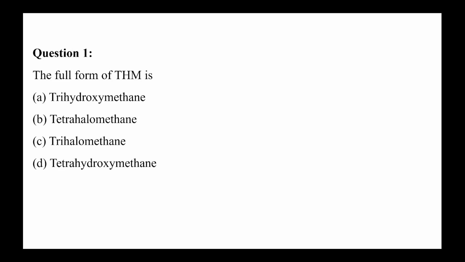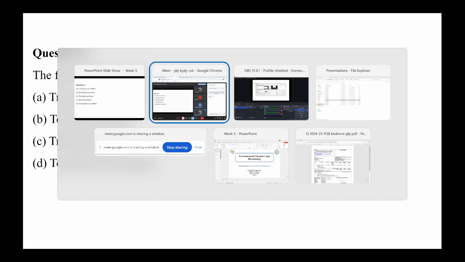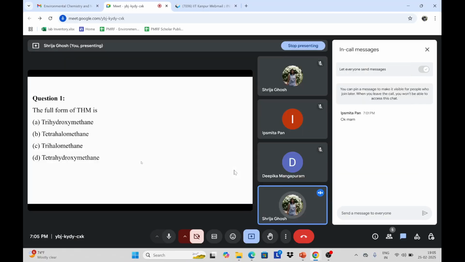If anyone knows the answer, please write it in the chat box. Even if you don't know, just try to guess it and write it in the chat box. What do you think THM could be?